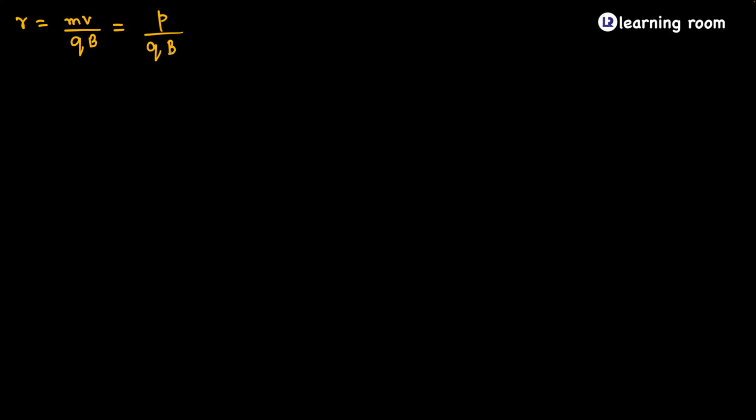So it is p divided by qB. And there is a relation between kinetic energy, which is given as half mv square, and momentum, which is given as mv. The kinetic energy is given as p square divided by 2m. So all that you need to do is square this, substitute it, and then solve it.